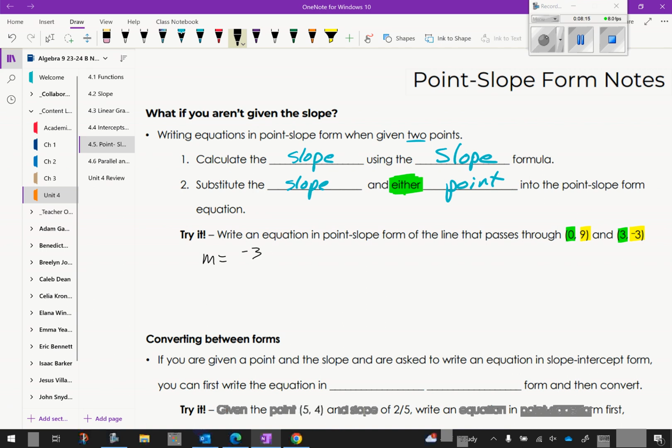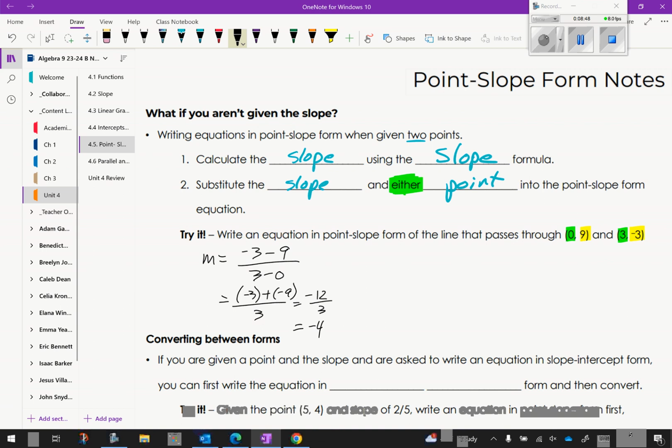Negative 3 minus 9 over 3 minus 0. Well, negative 3 minus 9 is the same thing as saying negative 3 plus negative 9. 3 minus 0 is just 3. That denominator's easy. Negative 3 and negative 9, if both of them are negative, our answer is negative. 3 plus 9 is 12. Negative 12 over 3 is negative 4.